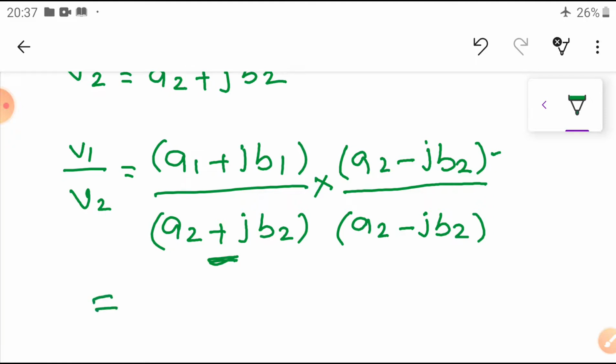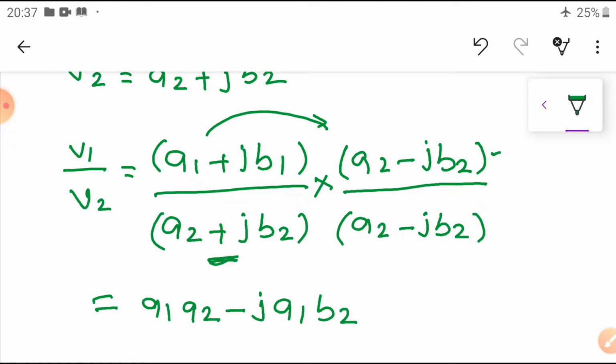Now, what is the technique here? Similarly you do all these things. The value you are going to get is A1 A2, minus J A1 B2, next plus J B1 A2, okay.